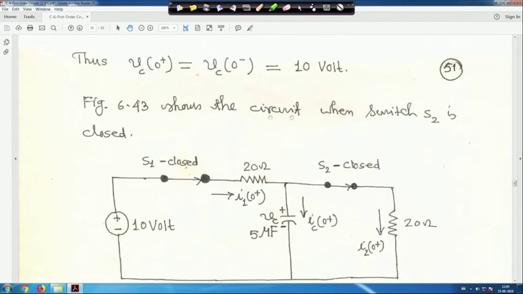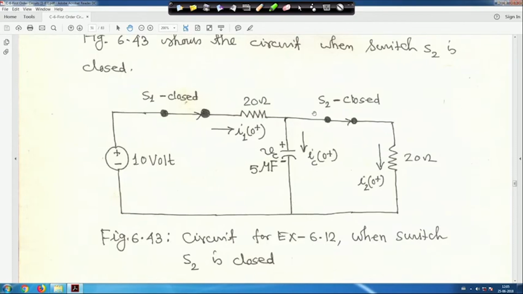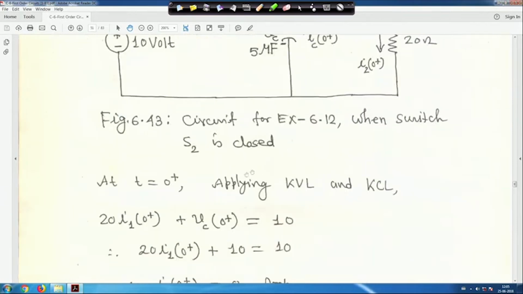Now, in this next figure, switch S2 is closed, right. S1 was closed, and now at t is equal to 0, switch S2 is closed. Just at the time of 0 plus, you apply KVL and KCL, right.